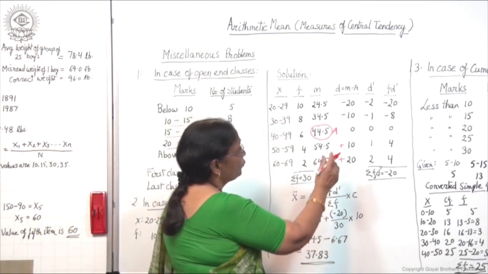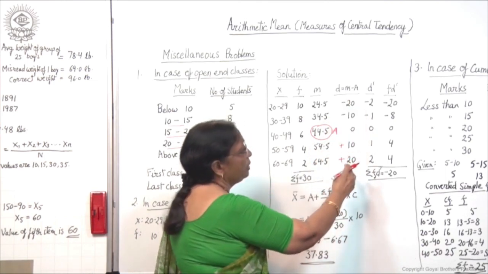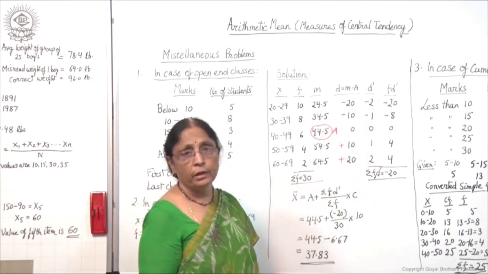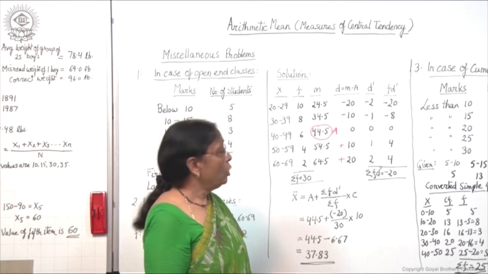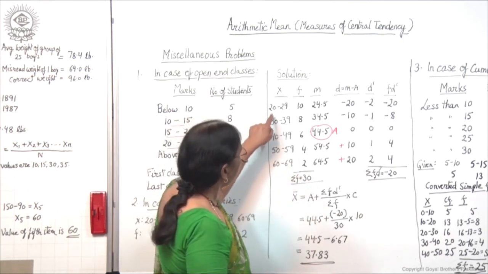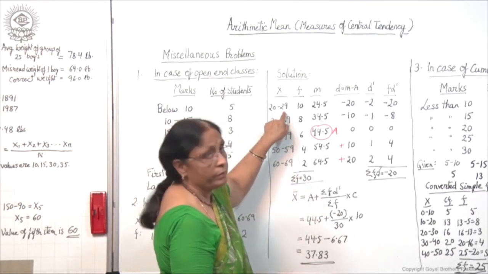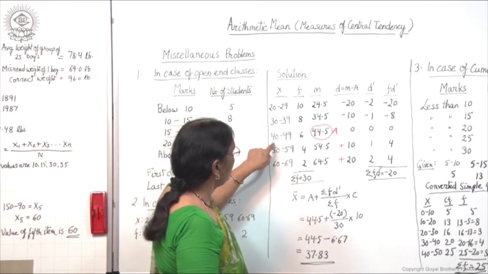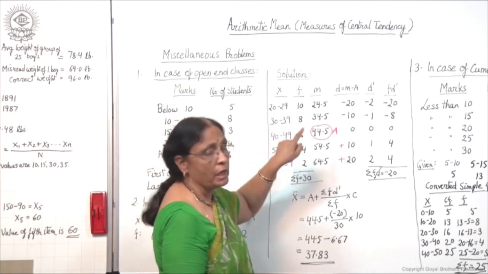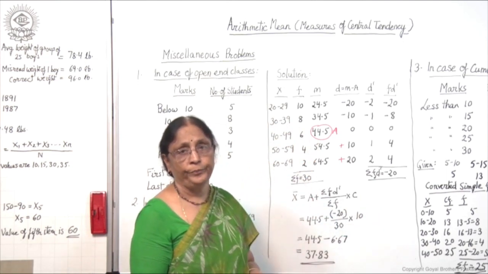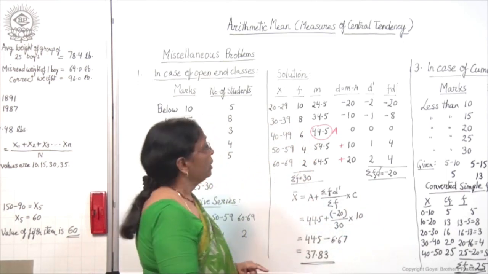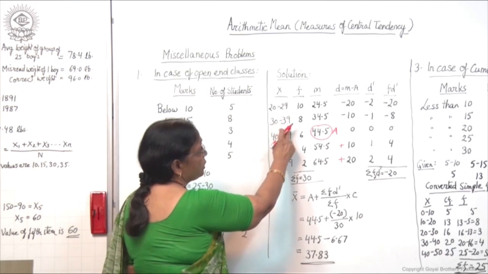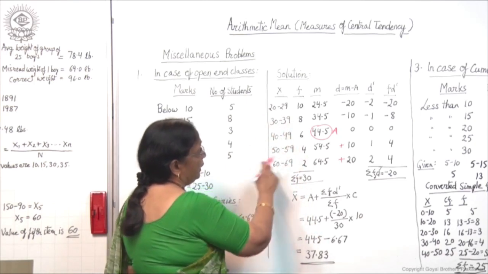Now you have to divide this D column again by the class interval. Now how to take the class interval? In this case you will not take the class interval as 9, because next is 30, 30 to 40 like this. So you will assume that the class interval is 10, right? In the case of inclusive series, don't take the class interval as 9, take it as 10.